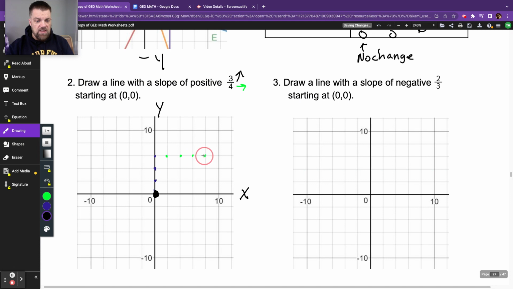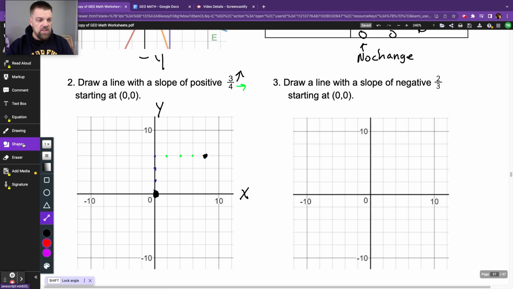That's a point on the line. And then from there, I just need to draw a straight line. So if I draw a line through that point, and then do this from this point, that's my graph. Okay.